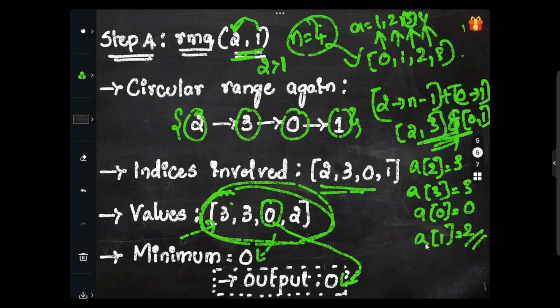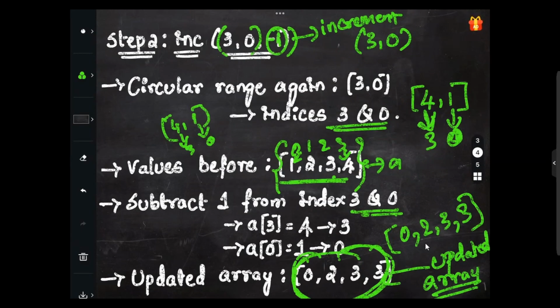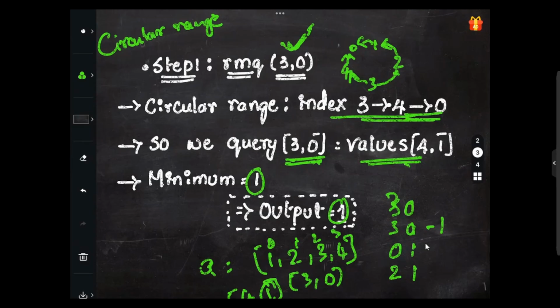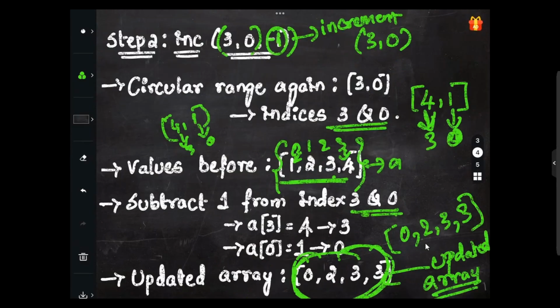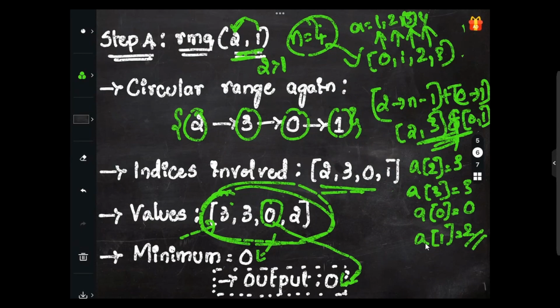So overall, what is the output that we got here? For the first one we got 1. For the second one we have the increment, we just have to update the array, so we didn't get any output. For the third one we have got 0, and the fourth one we have got 0 as well.